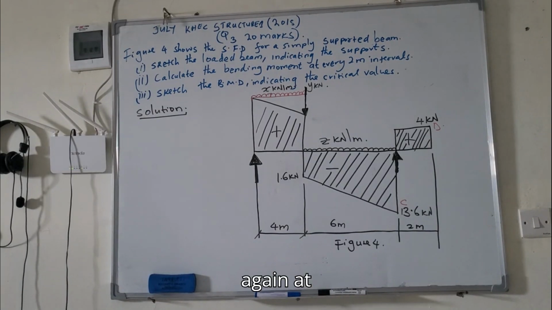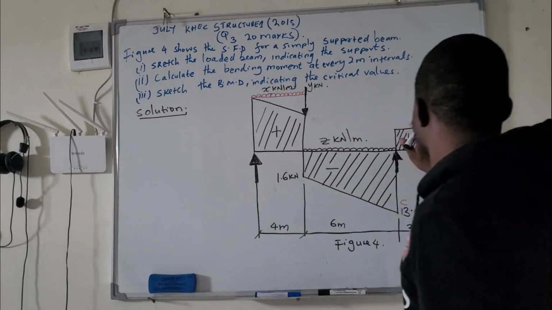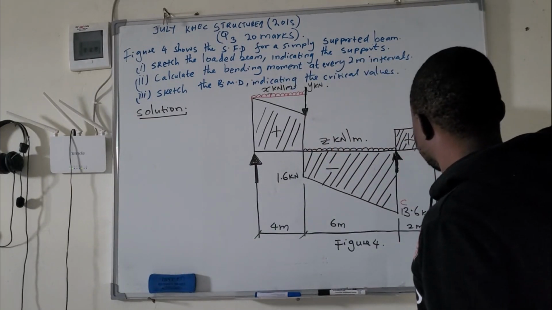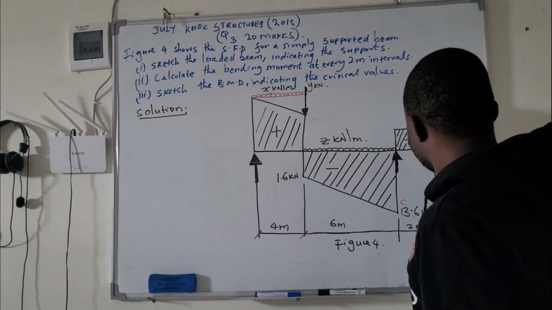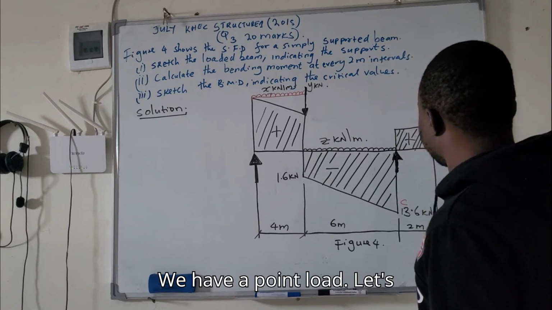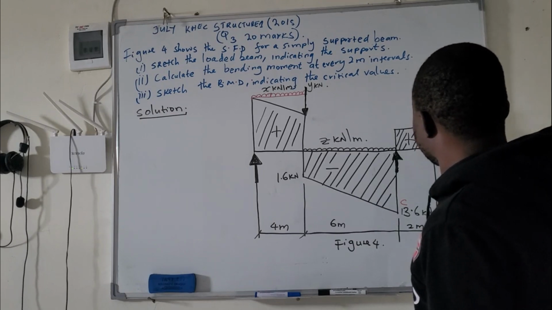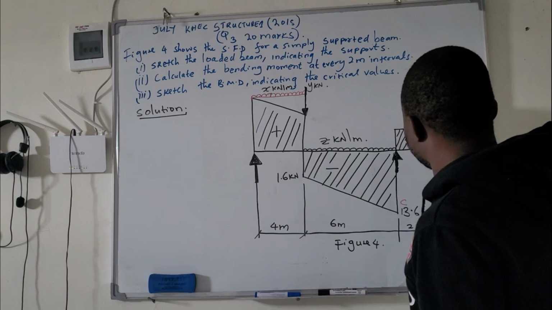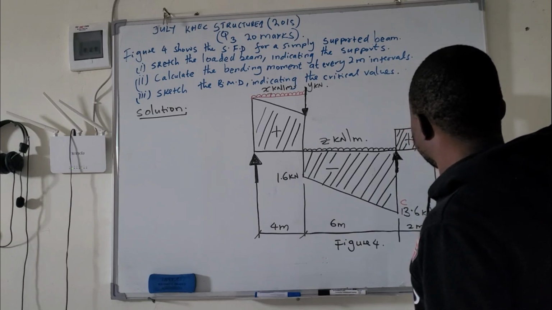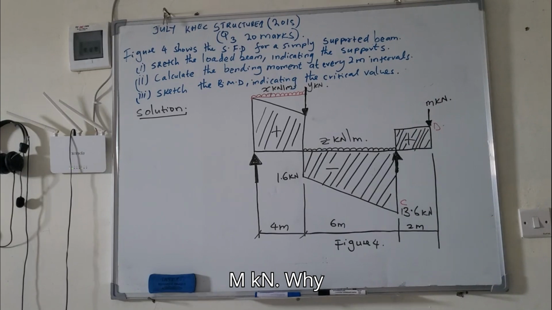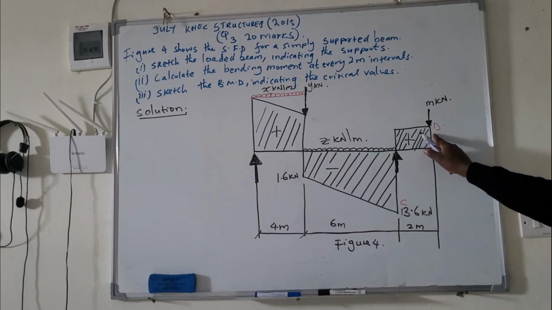Again, at D, we have a point load. Let's call it M kilonewton.